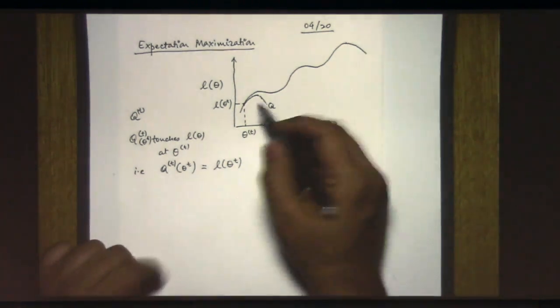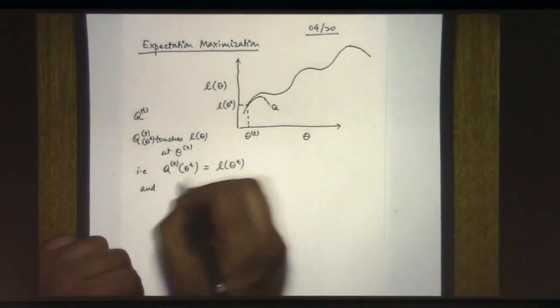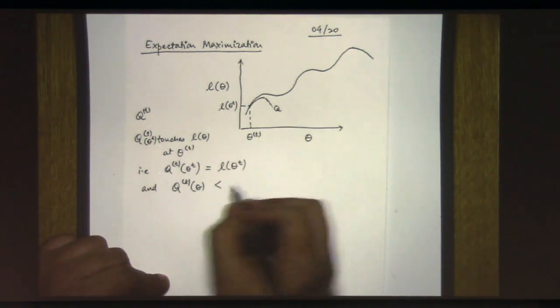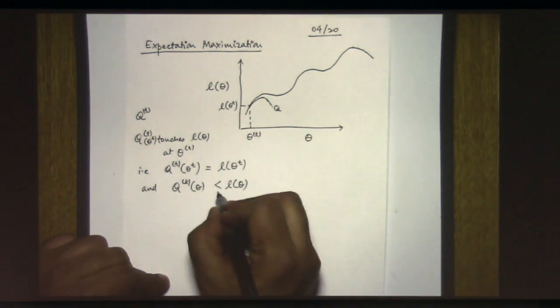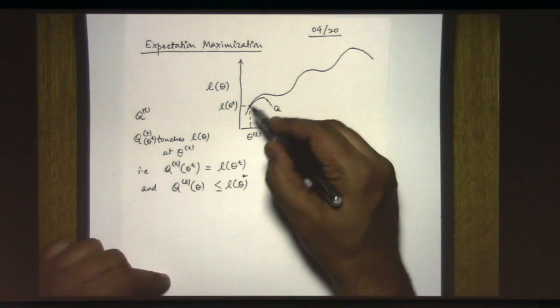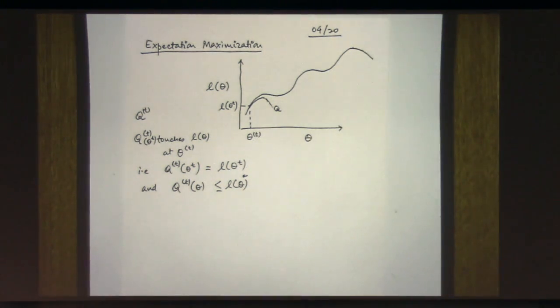And q of t of theta at any theta is always less than or equal to L of theta, which means that it is bounded by this main function.